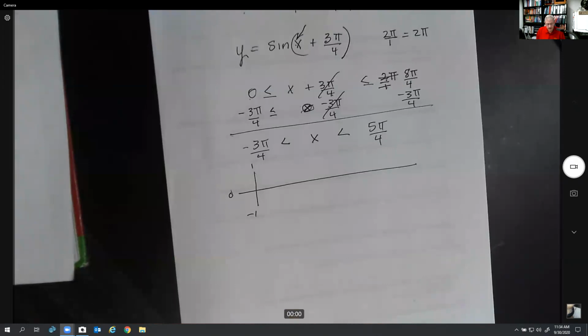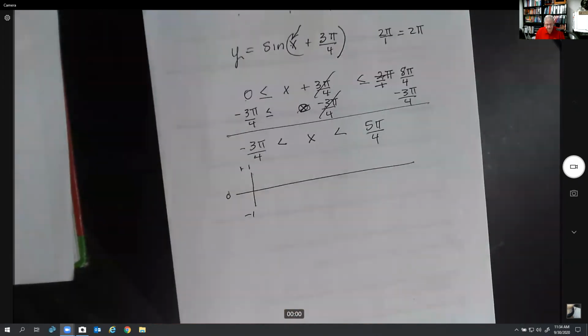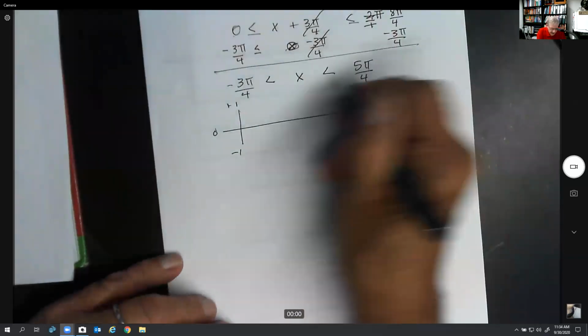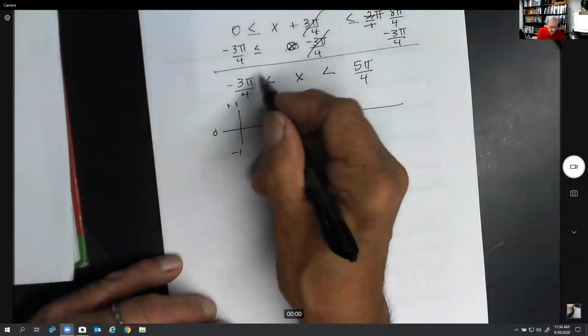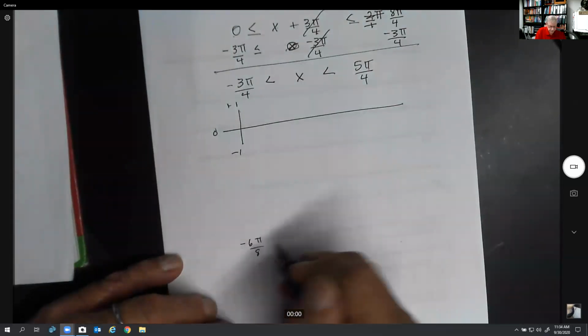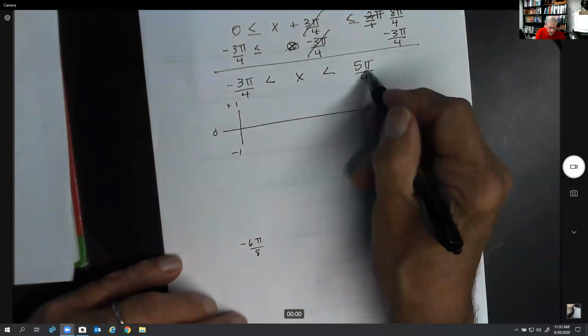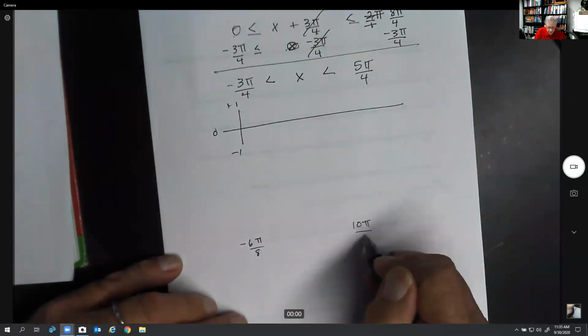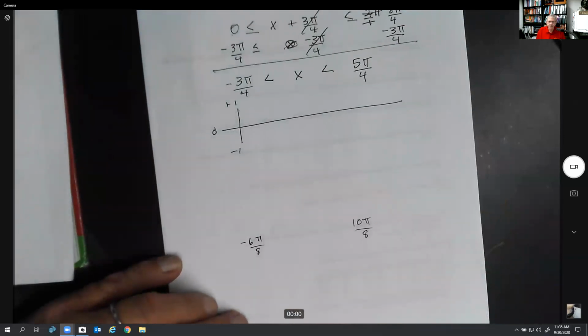Okay, the next thing we want is our divisions. I can do this down here. I'm going to change these to 8ths, so I'm going to double this. This is negative 6 pi over 8. And I'm going to double this, and that would be 10 pi over 8. Right?